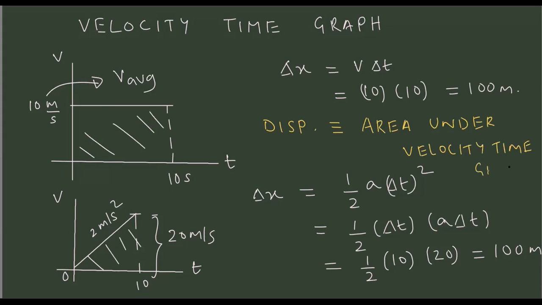Now, when we try to find area, it is like evaluating the integral of a function which is based on time. Let's keep it slightly general. Let's take a new page.